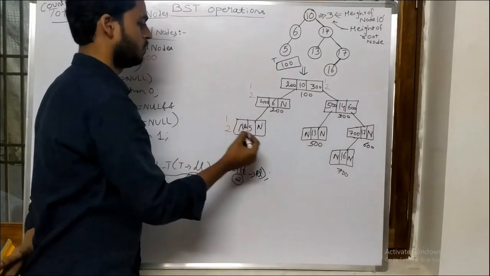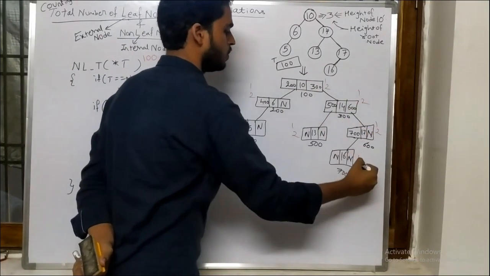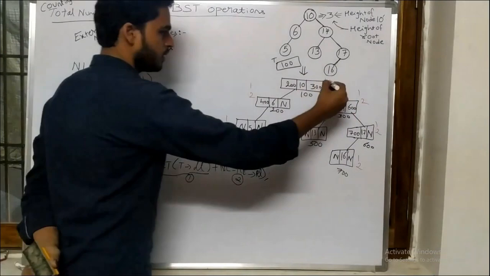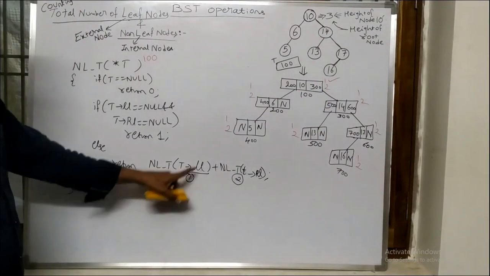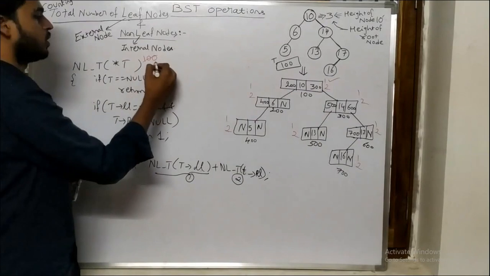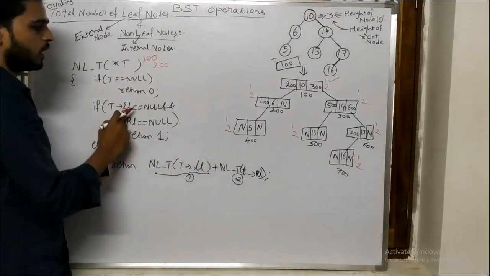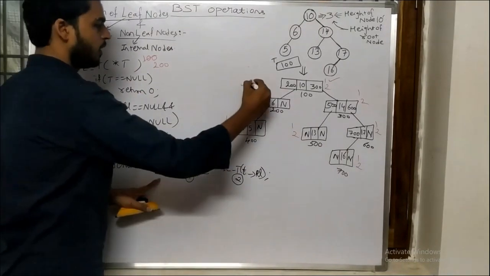First, it is going to execute the first statement, passing address 200. 200 is not null and 200->left link is not null, so it is going to execute the first statement once again.